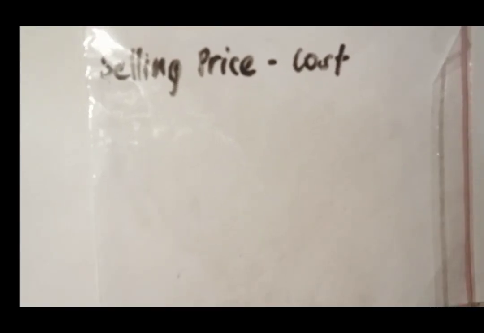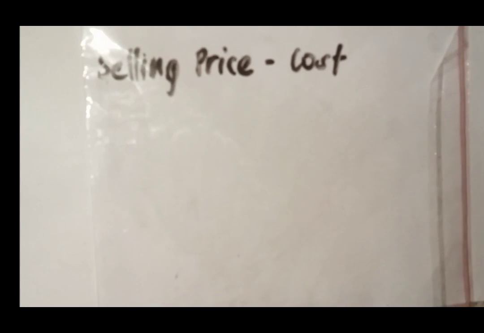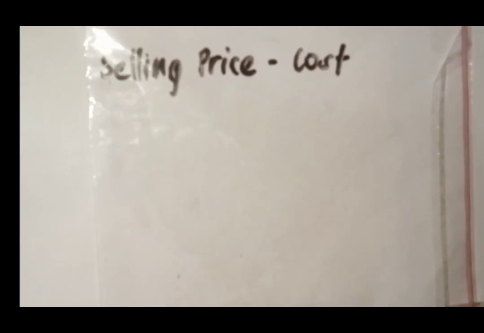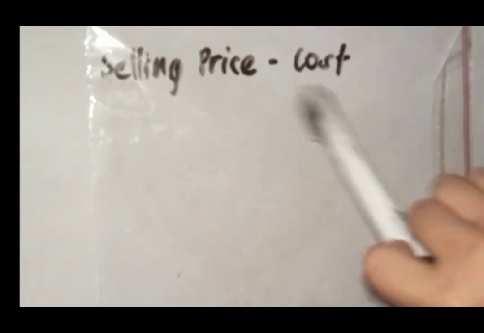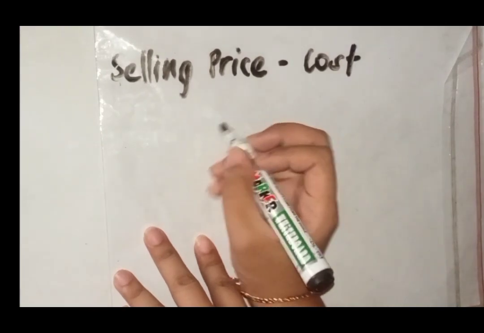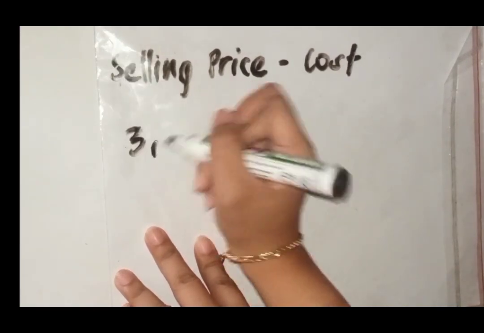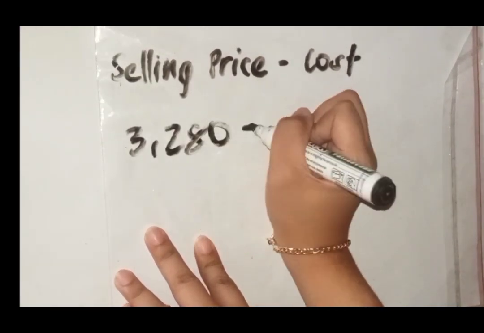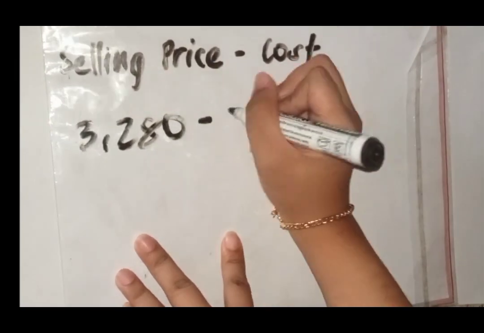Okay, so let's check your activity or your answer. So again, profit and loss formula, selling price minus the cost. So the given selling price is 3,280 minus the cost of 3,000.